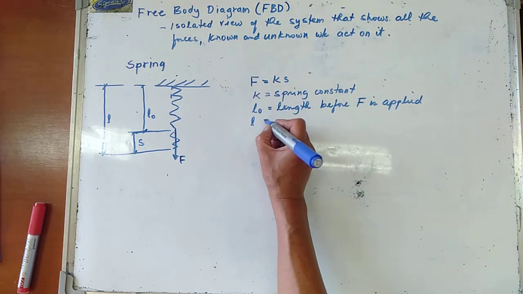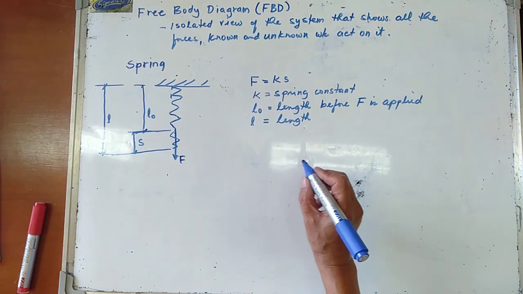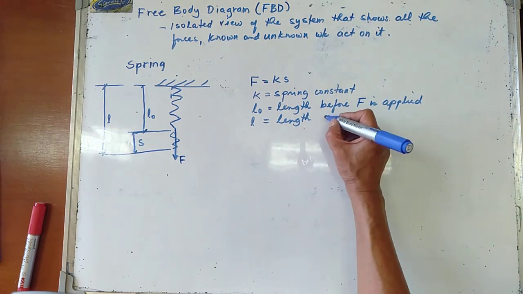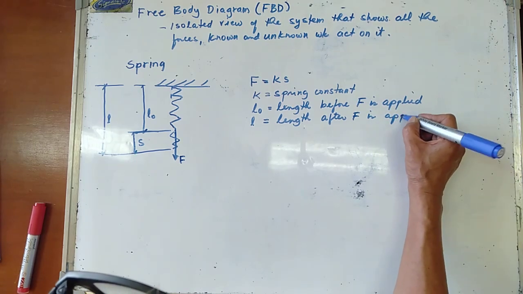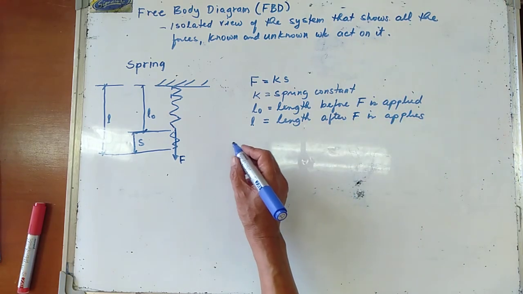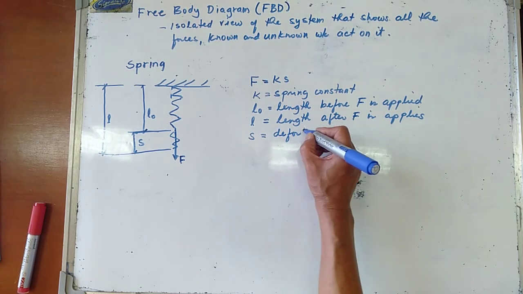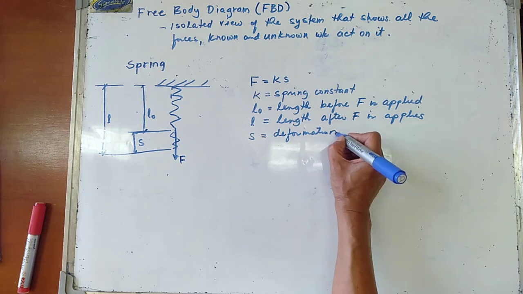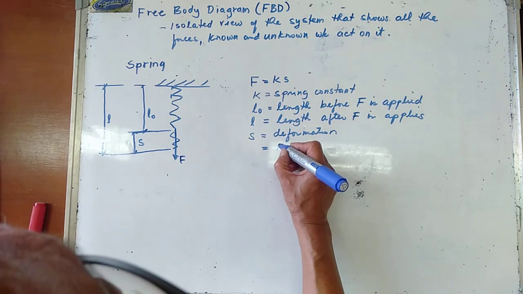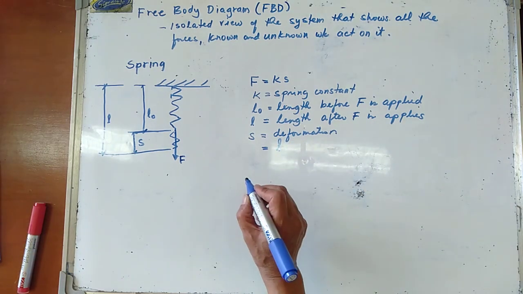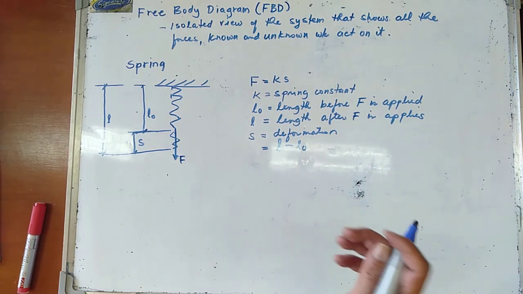And your L in here is the elongated length or the deformed length of the spring, the length after F is applied. So your deformation S is the deformation of the spring, equal to the stretched length minus the original length of the spring.